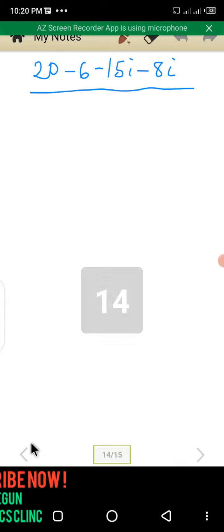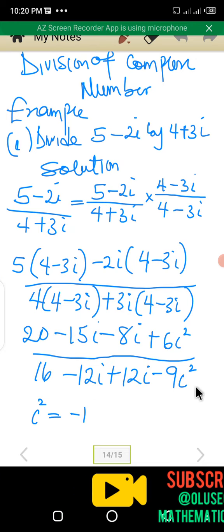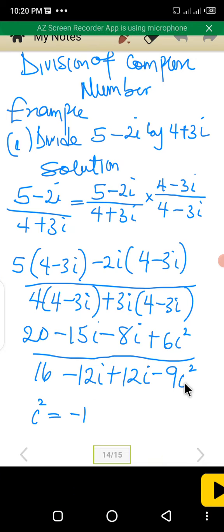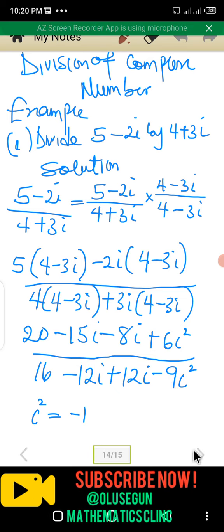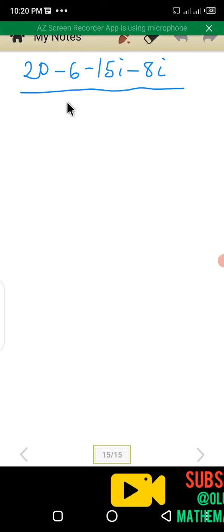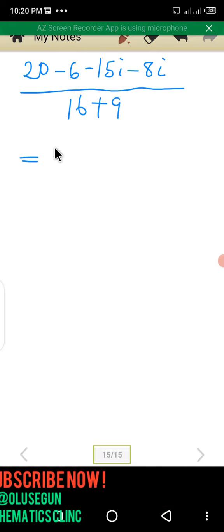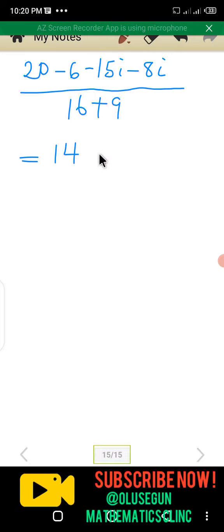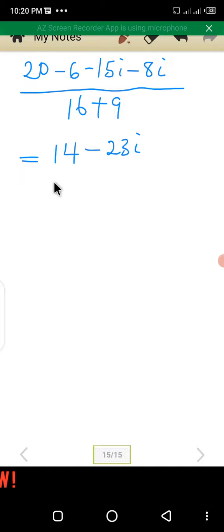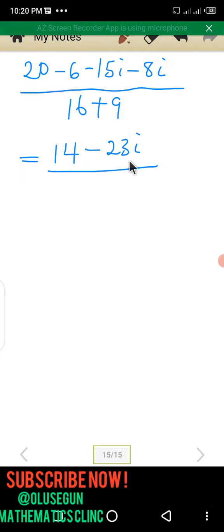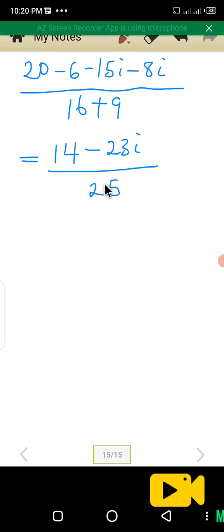All over, you'll see that 12i cancels 12i. This gives you minus 1, so minus 1 times 9 gives you plus 9. So it will be 16 plus 9. When you add together, we have 14 minus 23i all over 25.